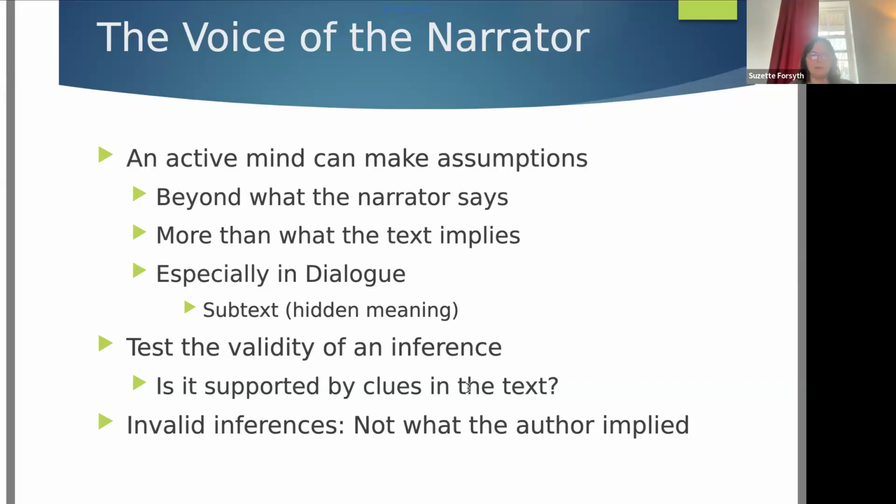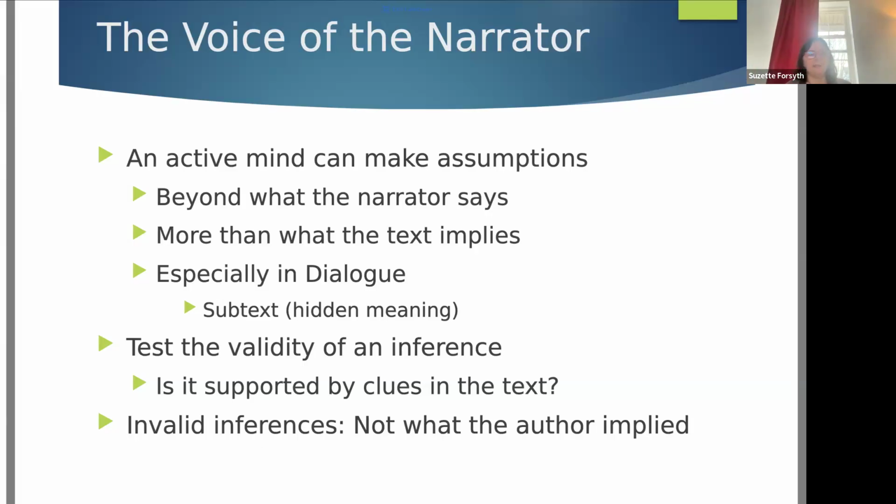So it could be because they're really busy and they're getting annoyed, or it could be they're angry with that person. So you have to really go beyond just what the words say and try to take in all of this type of information and think about, what do you know about life? When are people answering in such few words? And think about that and try to draw your conclusion.